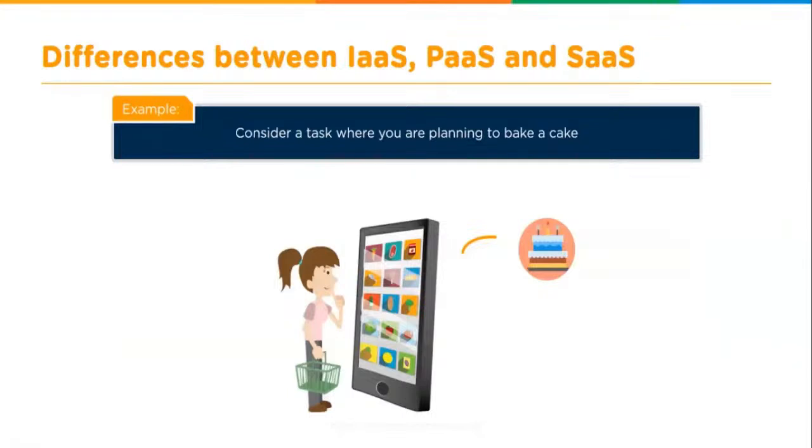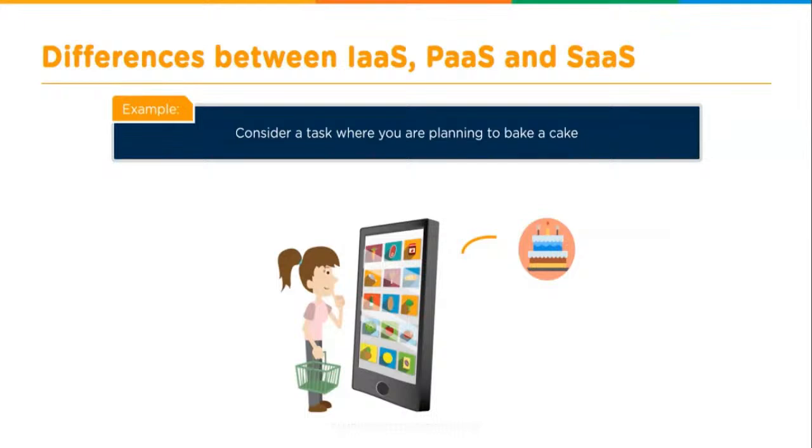So let me also explain the different types of cloud service through an example. Let's say that you are planning to bake a cake yourself. Now let's look at the options you can have. You can make all the ingredients by yourself, be it the flour, butter, and put it together and bake the whole thing yourself using your own oven, pan, water and the rest of the things.